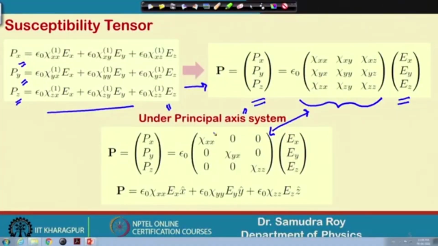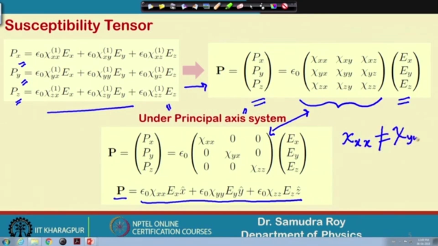Here we can see that after diagonalizing, we can write P and E in this particular form. The P vector can now be represented in a relatively simpler form because the off-diagonal elements are gone, but still chi xx may not be equal to the other components. So, if I launch an electric field having the same Ex and Ey, forgetting about the Ez component, and this electric field is distributed along x and y.